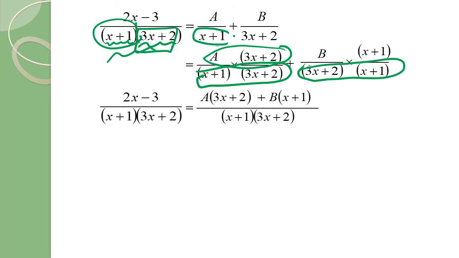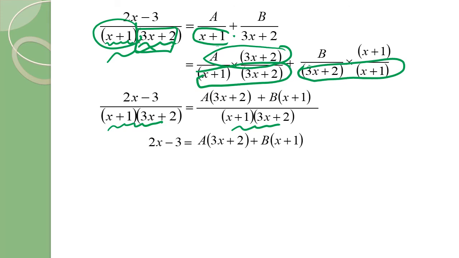So we have this the same as the left hand side, which is the denominator equal to x plus 1, 3x plus 2. Now, we can ignore the denominator part. So, we have the numerator part equal to 2x minus 3 on the left side. And the right side, we have A multiplied by 3x plus 2 plus B multiplied by x plus 1.